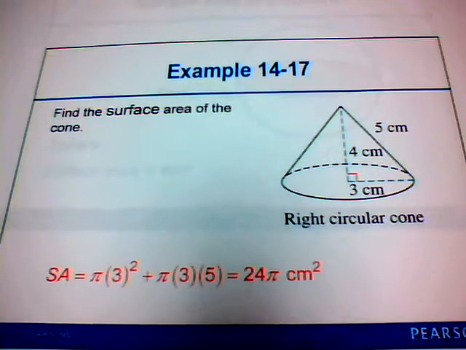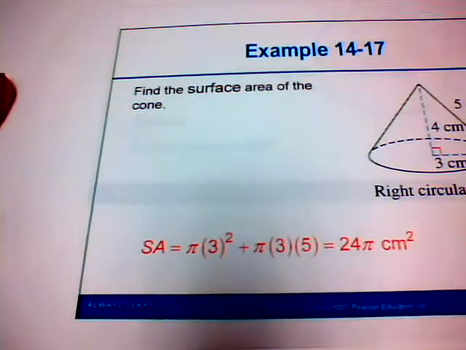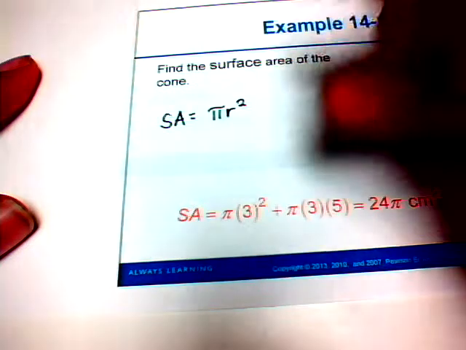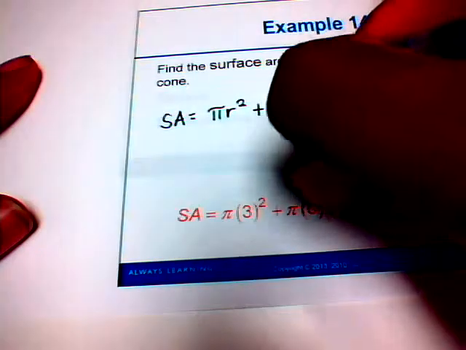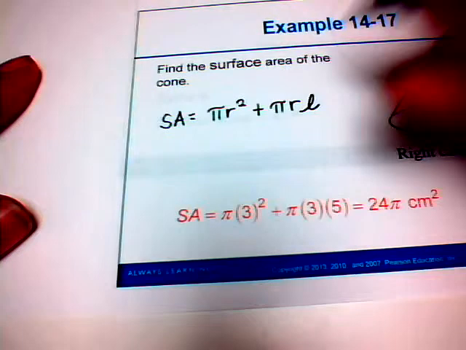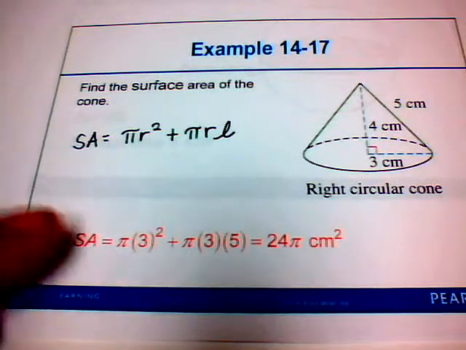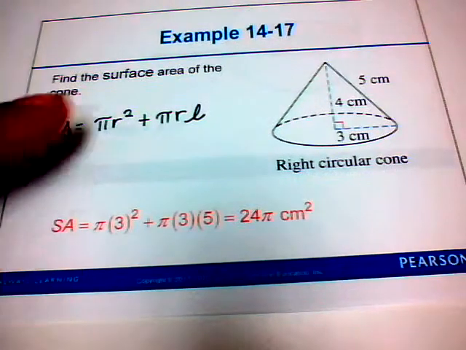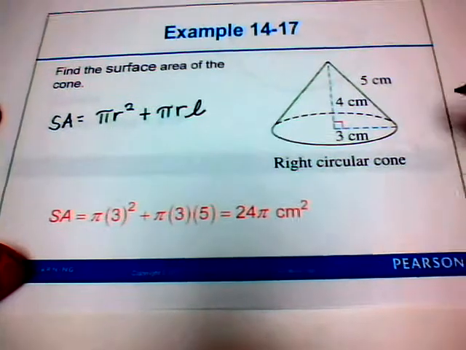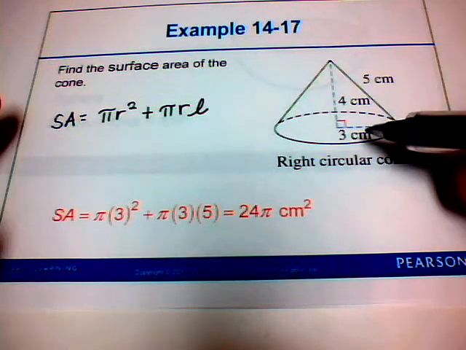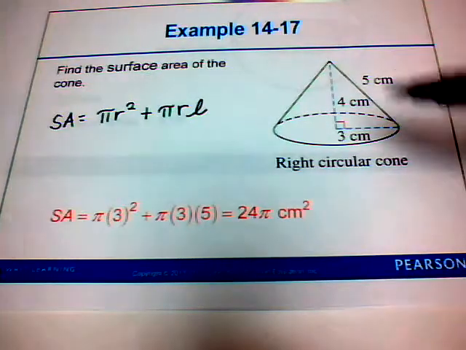So in this case, the surface area is equal to pi r squared plus pi times r times L, which is your slant height. So here we have pi. The radius is 3. Here's the radius on the base of the cone. That's 3, and that's going to be squared.